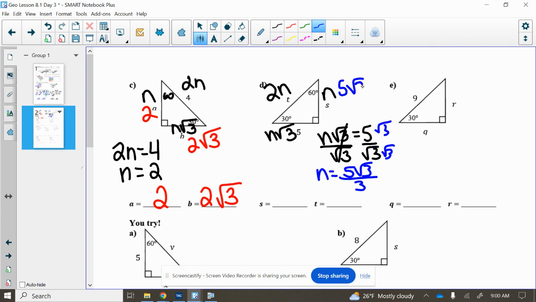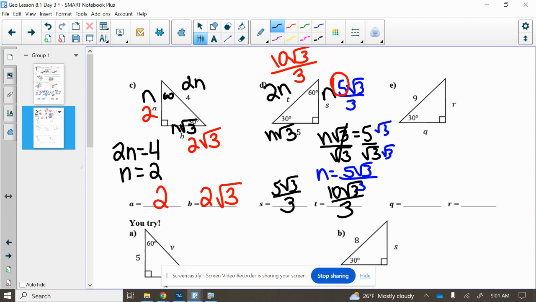So not super pretty there. Now to get that hypotenuse, though, we just double our value of n, so that 5 will double to get that hypotenuse. So s is going to be 5 square root 3 over 3. Hypotenuse then is t, 10 square root 3 over 3.